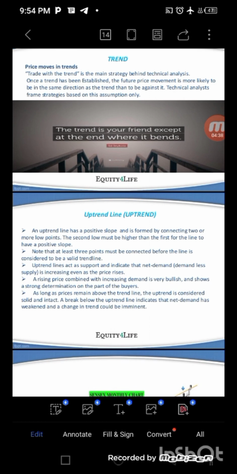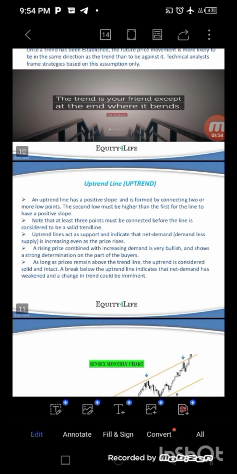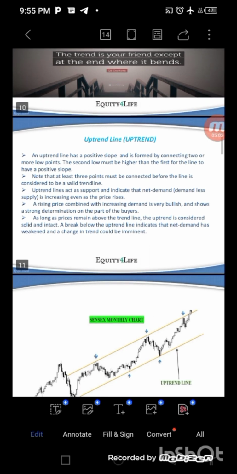An uptrend acts as a support and indicates that net demand, demand less supply, is increasing as price rises. A rising price combined with increasing demand is very bullish and shows a strong determination on the part of the buyers. As long as prices remain above the trend line, the trend is intact; a break below indicates that net demand has weakened and a change in trend must be imminent.